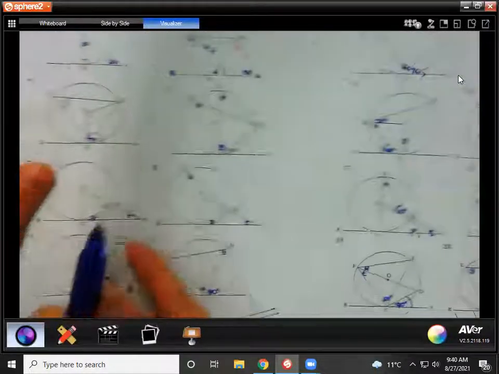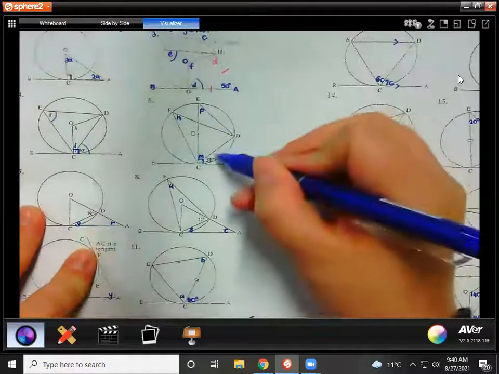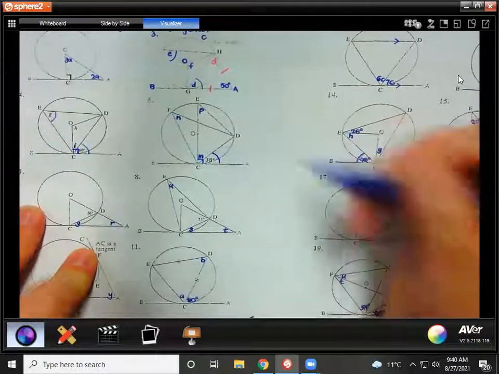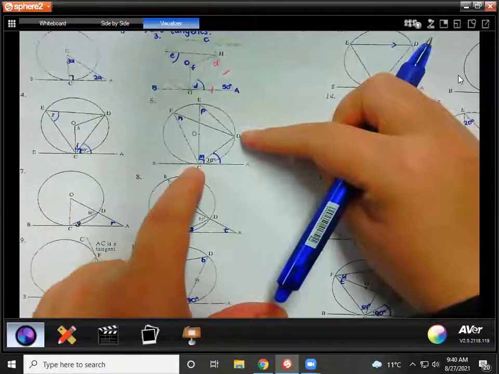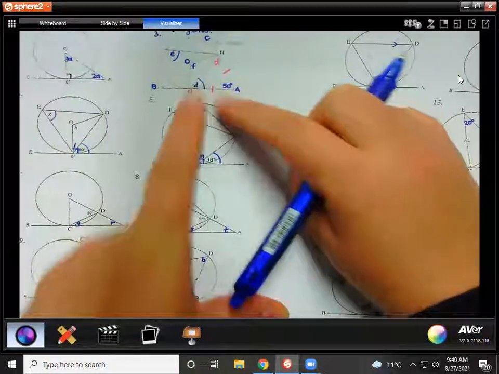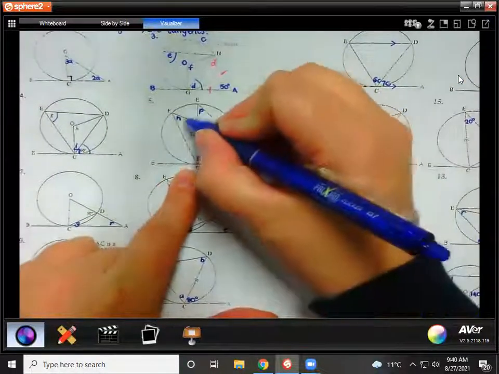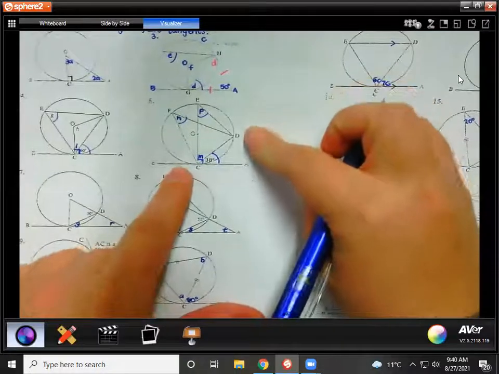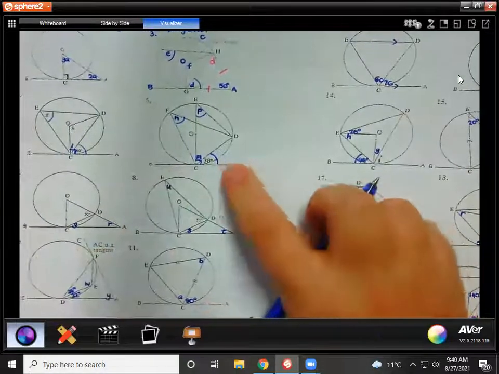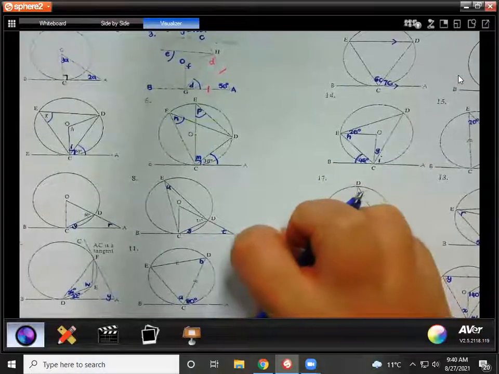And then to find N and P, you could have used the tan chord theorem for both of them, because this 38 degrees is between the tangent and chord CD. And then CD actually subtends 2 angles in the alternate segment on the other side of it. All right, so 38 degrees will have to be equal to N and to P. So you could have actually written N equals 38 and P equals 38, tan chord theorem.